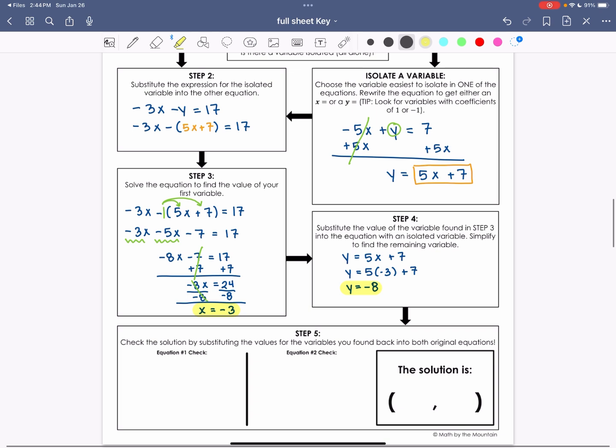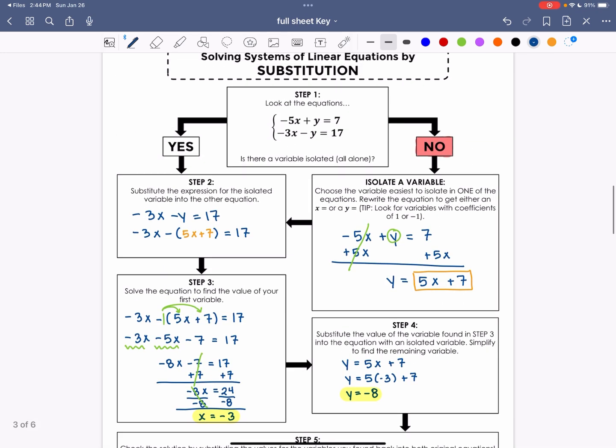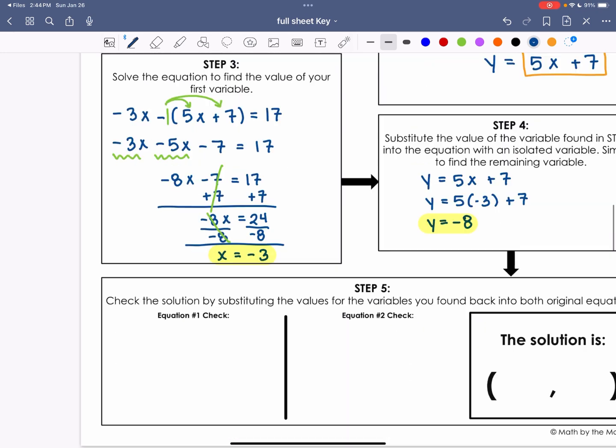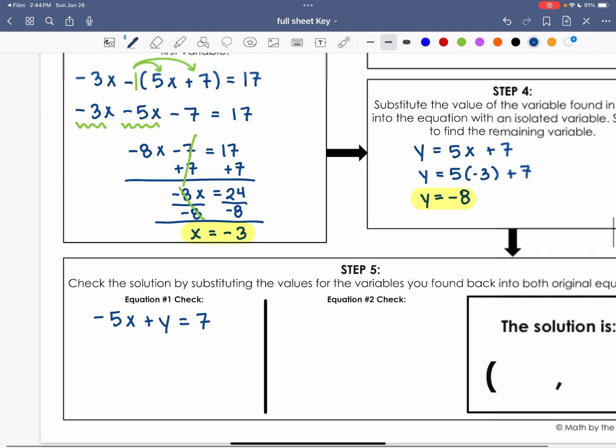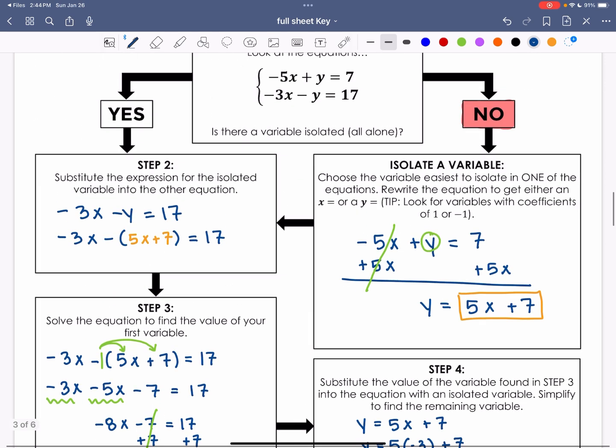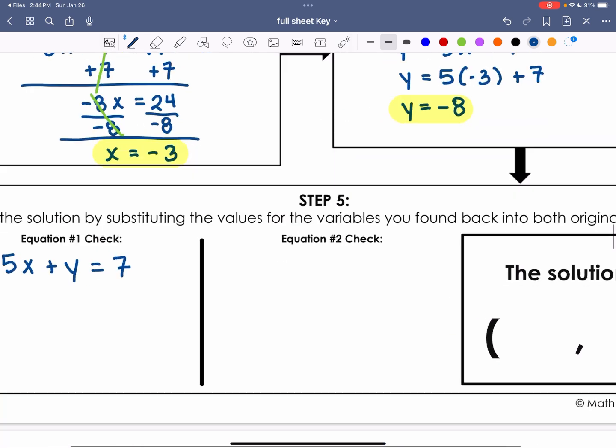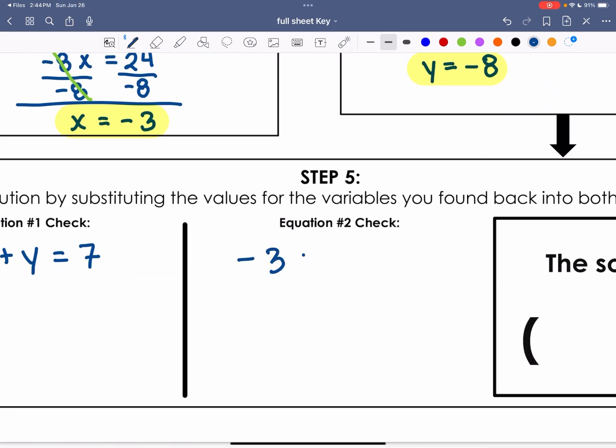All right, just to confirm our work, we will make sure we take the time to do our checks. So copy down the two original equations. The first one is negative 5x plus y equals 7. And the second equation is negative 3x take away y equals 17.